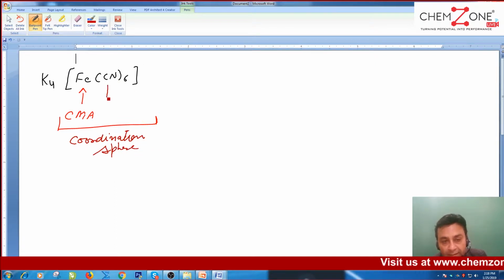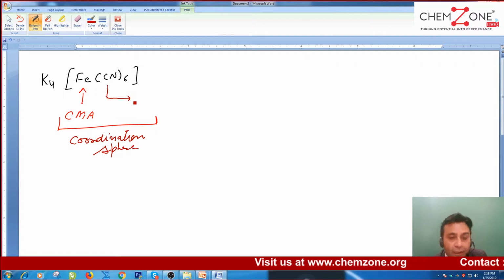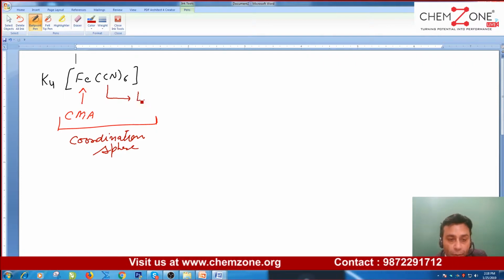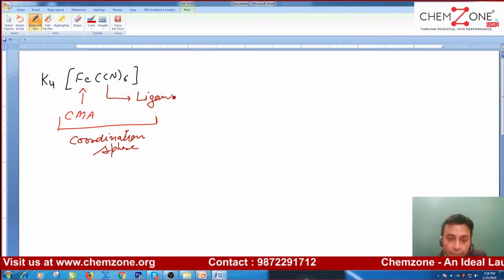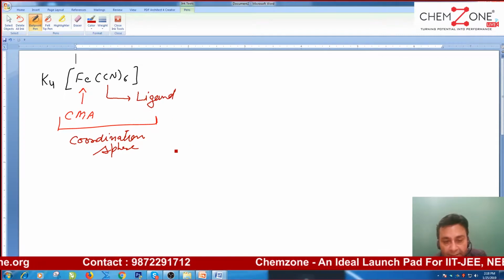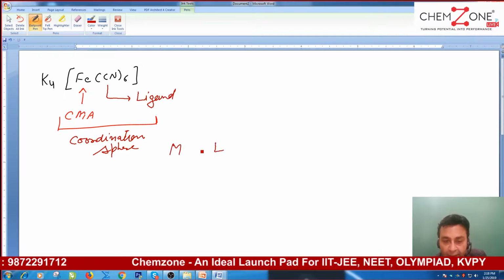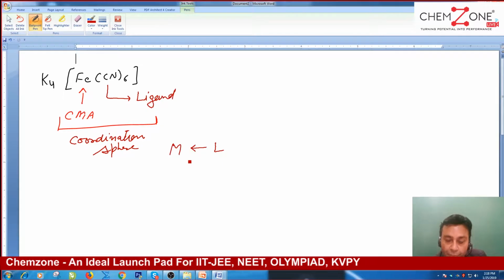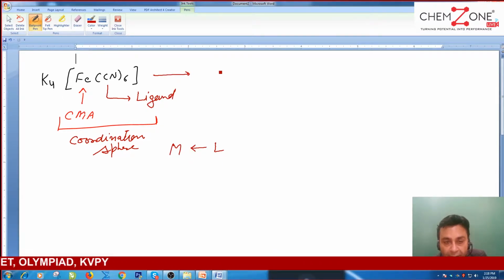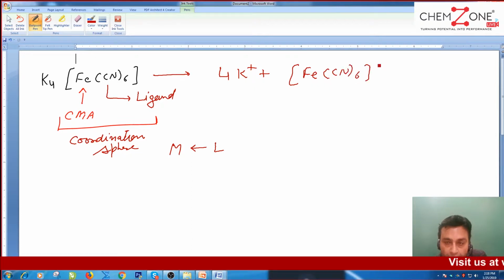And these which are in the bracket with the metal atom are called ligands. And this metal atom and the ligand have a coordinate bond between the two. And if I separate them, I get potassium ion and this one.